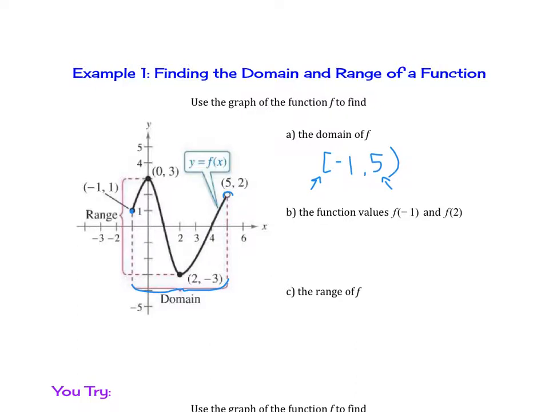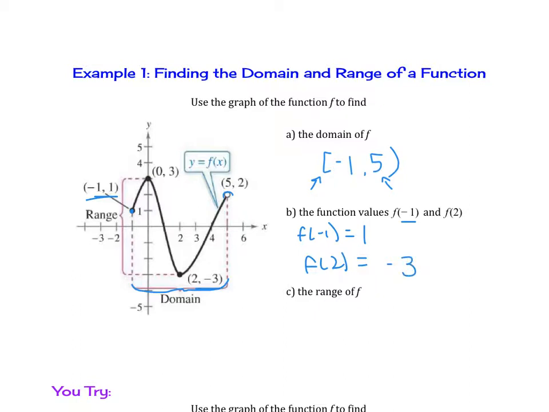So the function values are f of -1 and f of 2. We're given that when the x value is -1, we need to find out what is that y value. So at -1, we get a +1, right? It's right here. Then at 2, our y value is -3. Last, let's look at the range.